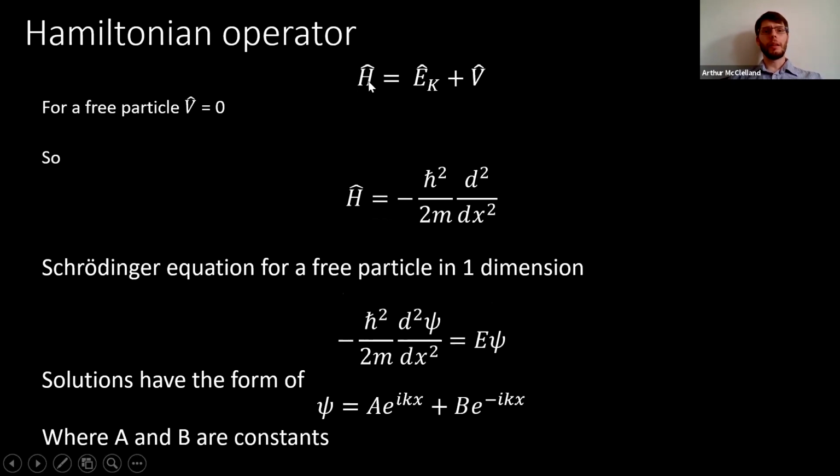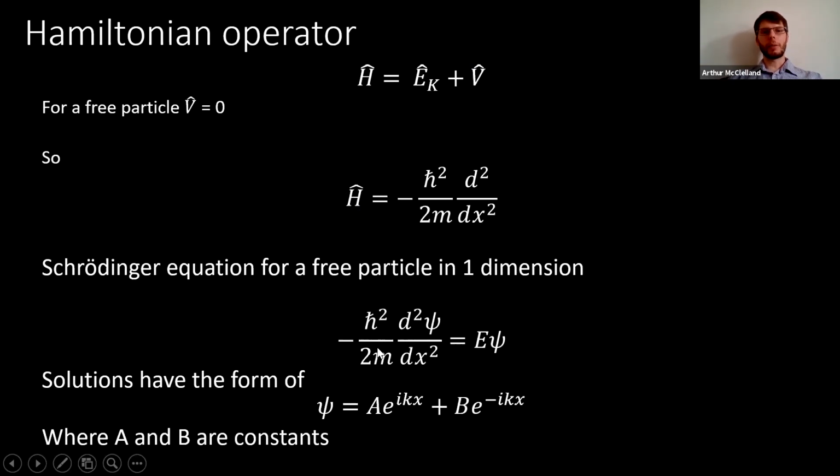So the Hamiltonian operator is going to be the kinetic energy operator plus the potential operator. For a free particle, we'll just set the potential equal to 0. And so then the Hamiltonian operator is minus h bar squared over 2m d squared/dx squared. And this becomes the familiar Schrodinger equation for a free particle in one dimension.